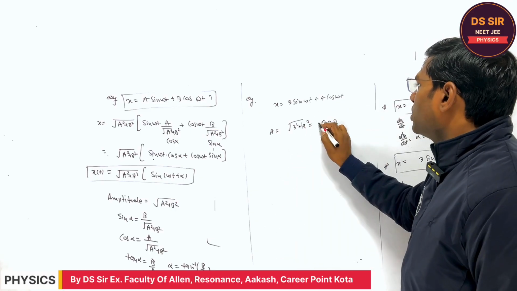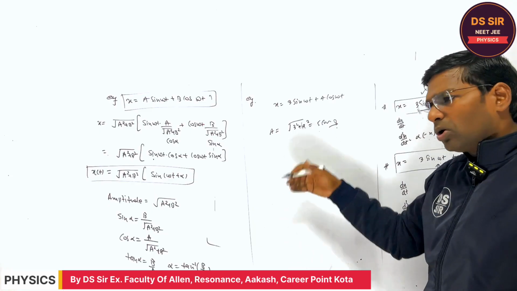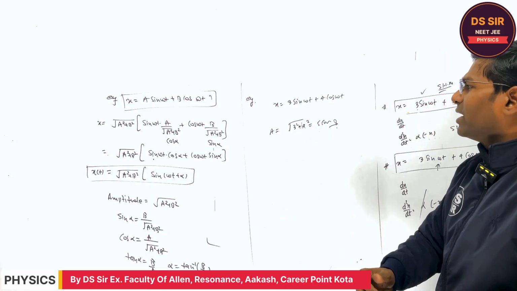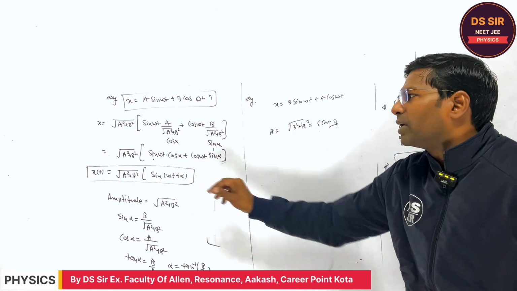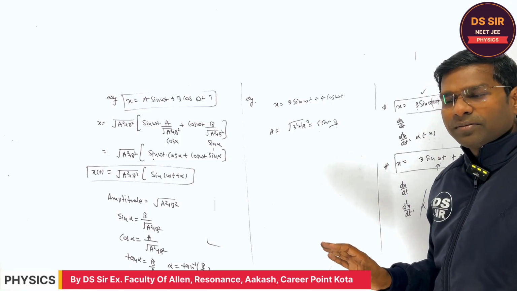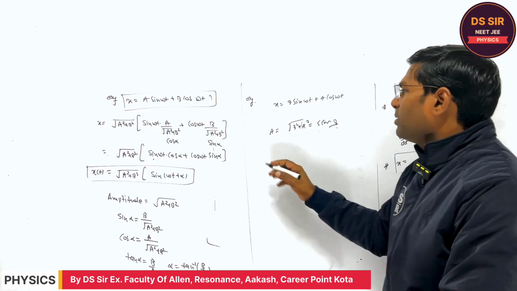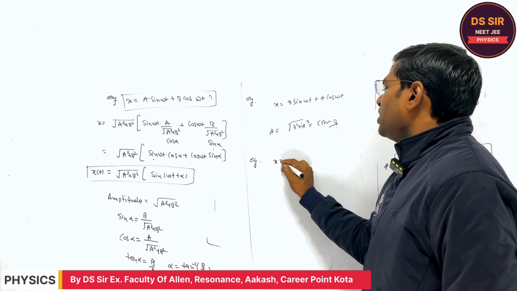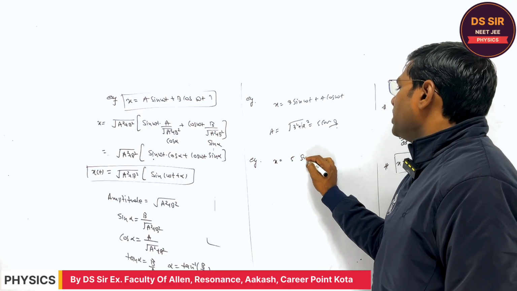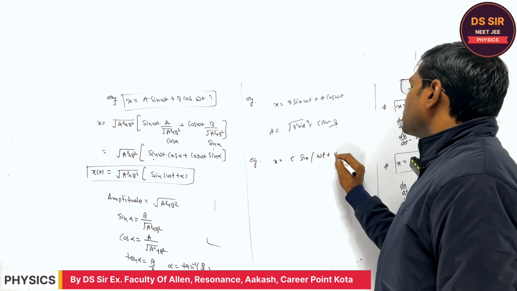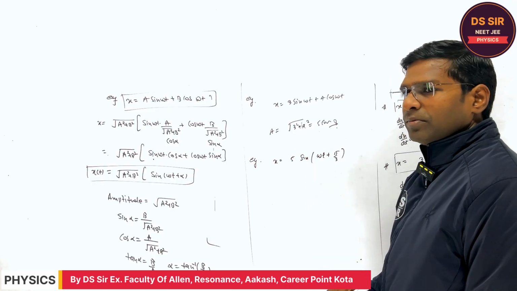This is the amplitude. Is it clear or not? Also they may ask the phase angle, so you can find the phase according to that. Are you getting or not? Please tell. For example, if this is 5 sin of omega t plus pi by 3, right?